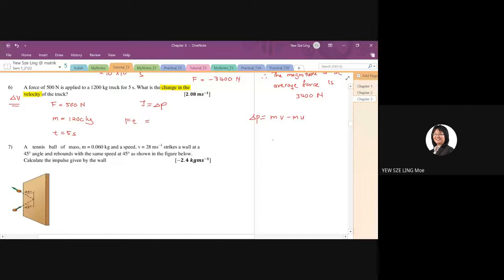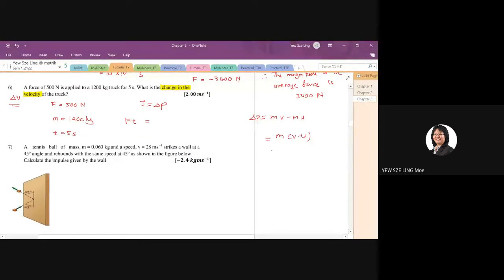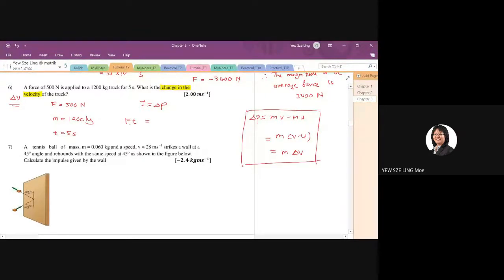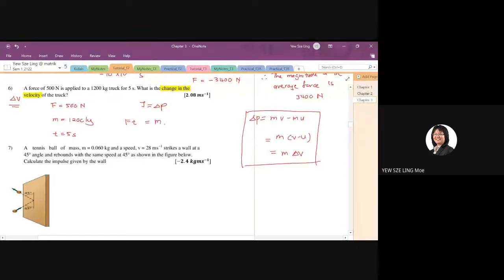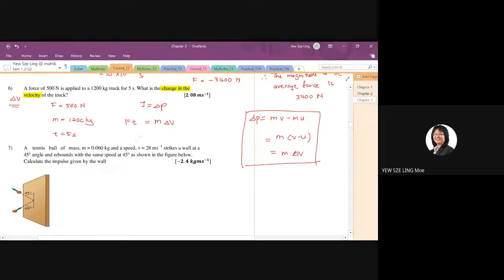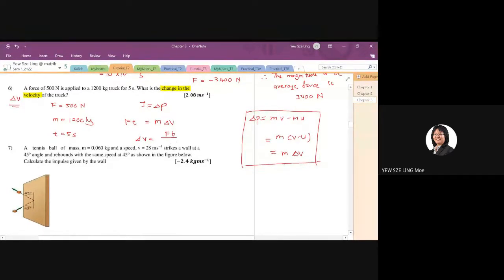If you factorize the m out, it is v minus u, and it is actually m delta v. You want to test whether you understand this part or not. So I have Ft equals m delta v, and delta v is the thing that I want to find right now. So delta v is equal to Ft divided by m.